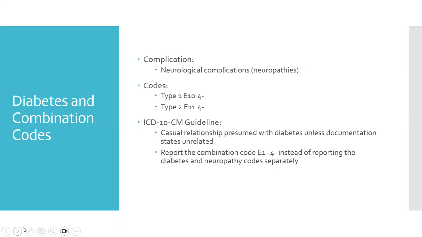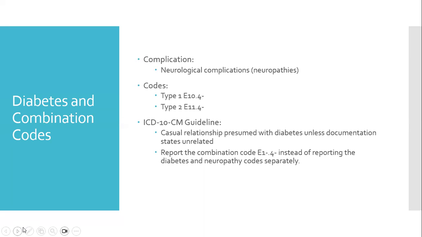So now we have our complication of a neurological complication or neuropathy. There are different types of neuropathy, polyneuropathy as one of the options you have. So again, when you're talking about combination codes, you're always going to have your E10 or your E11.